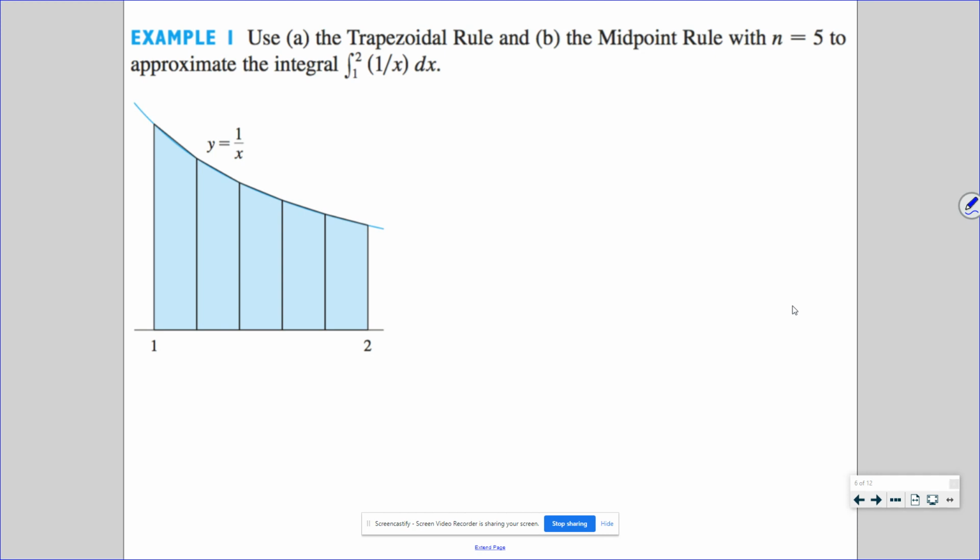The first thing you're going to do if you are doing an approximation for a curve is find the width. Delta x is called the width, the width of your interval. The way that you're going to do that is b minus a, which is the end point on the x-axis minus the beginning point, divided by the number of intervals, which we called n, and it says in the problem we want 5 intervals.